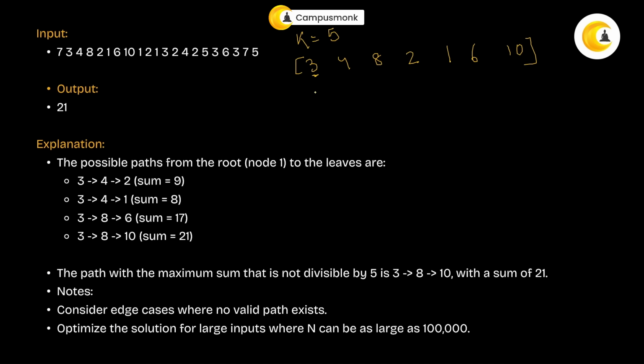So your path 1 will basically be, say, 3 to 4 to 2. What you are basically checking is the sum. Here the sum is 9. Okay, let's draw the tree first so you get clarity.